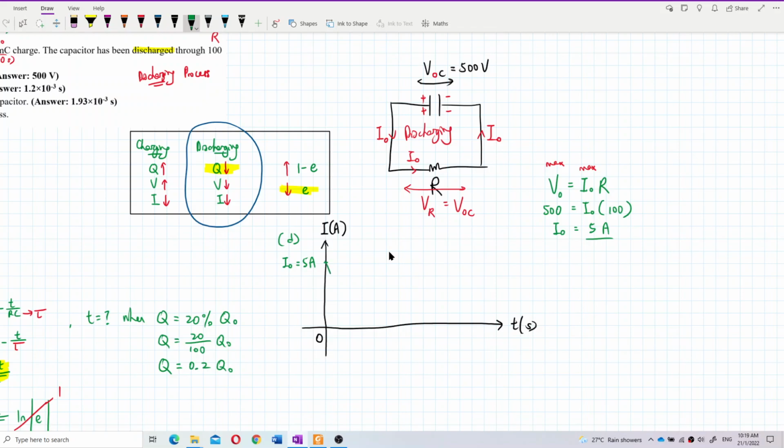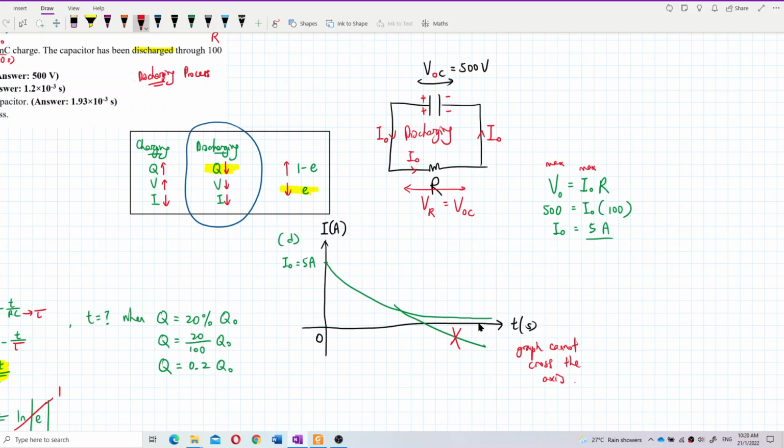So it will decrease. For the discharging process, the current decreases, right? But it is only nearing the axis, not touching. You cannot cross like that. This one is wrong, the graph cannot cross the axis.